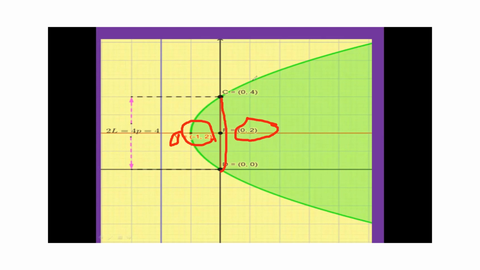So this point and this point are the endpoints of the latus rectum. This graph is all about the parabola, and the vertex is minus 1, 2, the focus is 0, 2, and the latus rectum is 4.